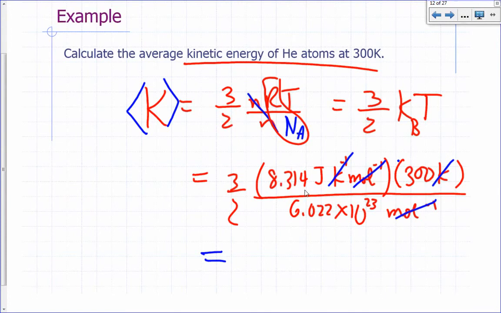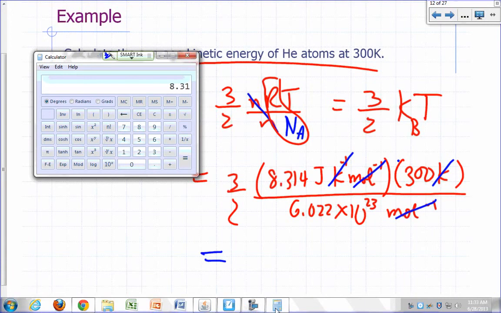Let's see. If you remember, RT was about 2.5 kilojoules at room temperature, right? So you could do it that way and then divide by Avogadro's number. So this is about 2,500 joules in the numerator. Let's see, 8.314 times 300. You can see the numerator is about 2,500 joules. It's about 2.5 kilojoules, divided by 6.02 times 10 to the 23rd.